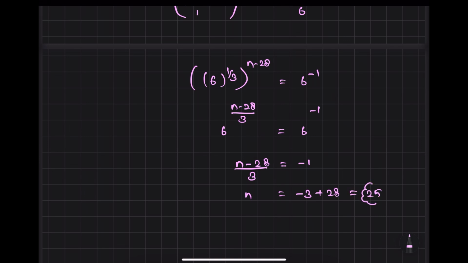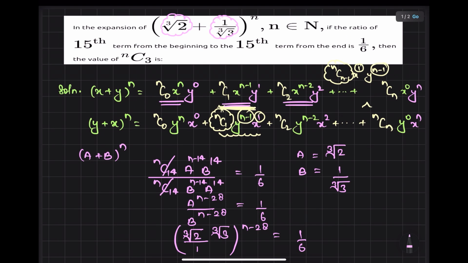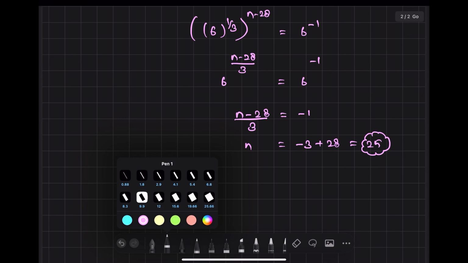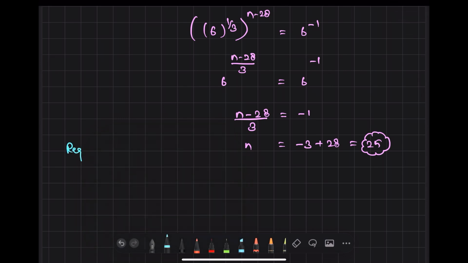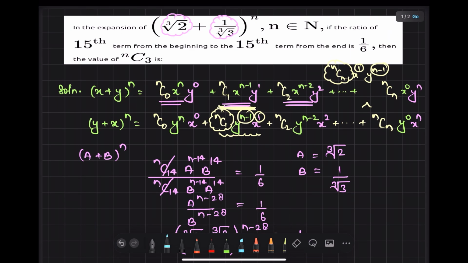So the value of n is 25. Now what do we need to find? The value of nC3. So the required result is 25C3. I hope you got the approach and you can handle similar situations.